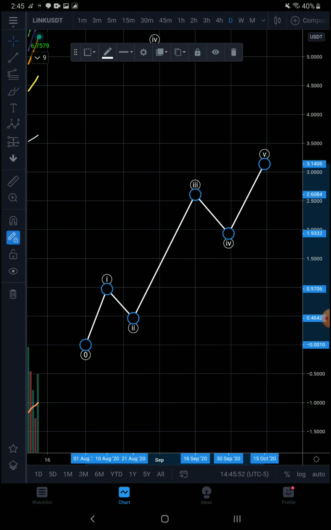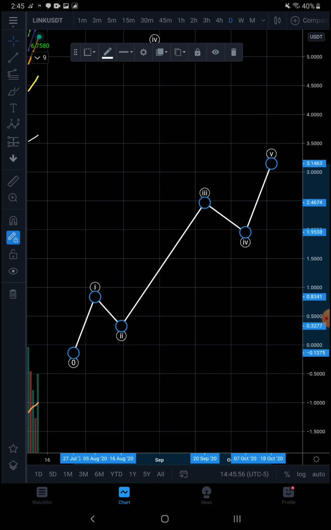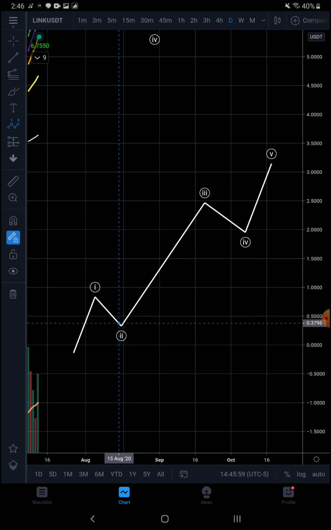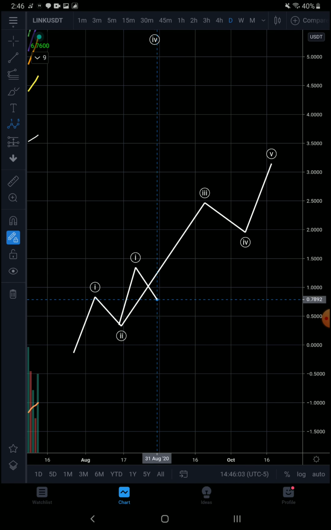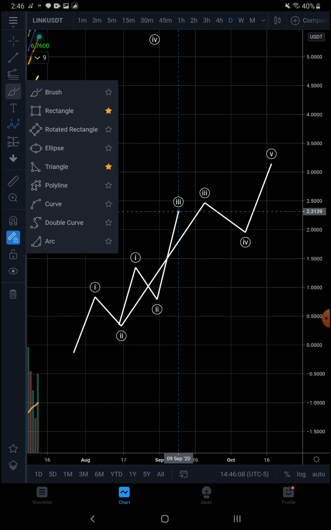Would you agree with this theory that I'm just about to put out? Okay, in here, there's also 5 waves going up. 5 subwaves within the larger degree wave. Okay? This is what we see right now.